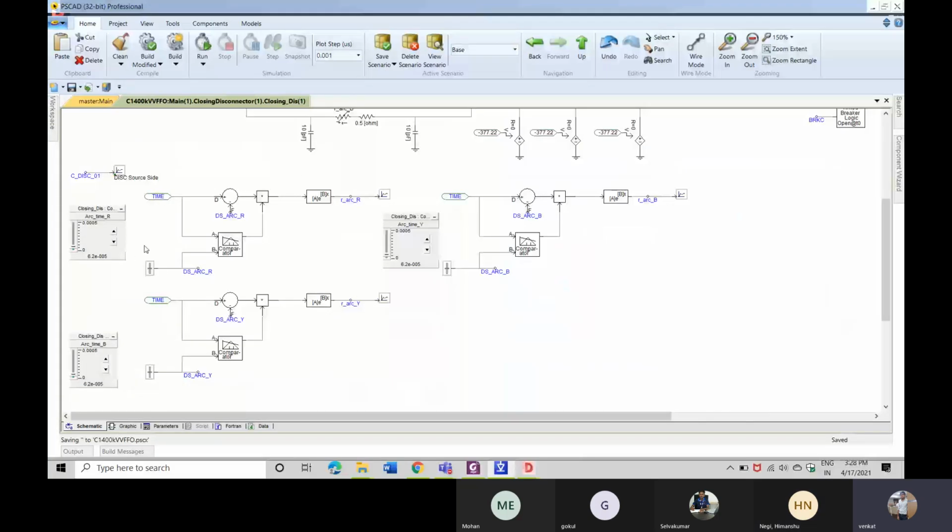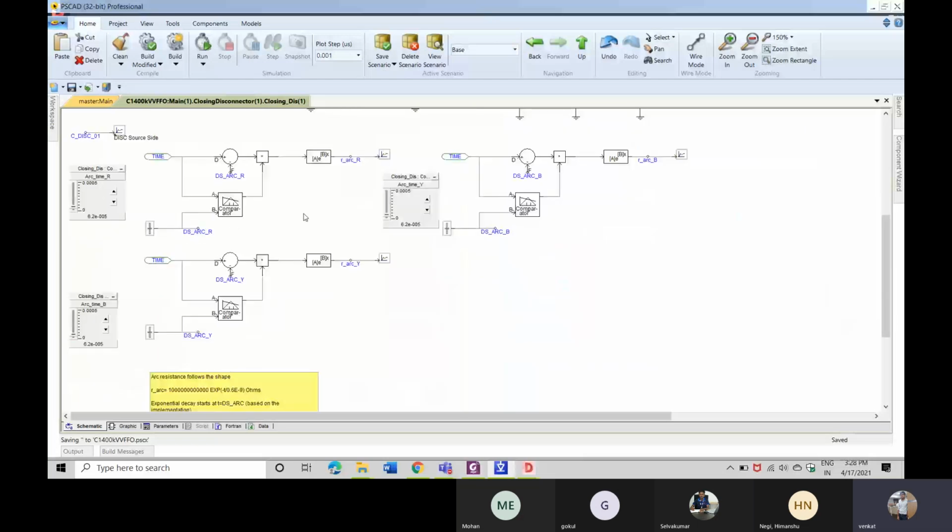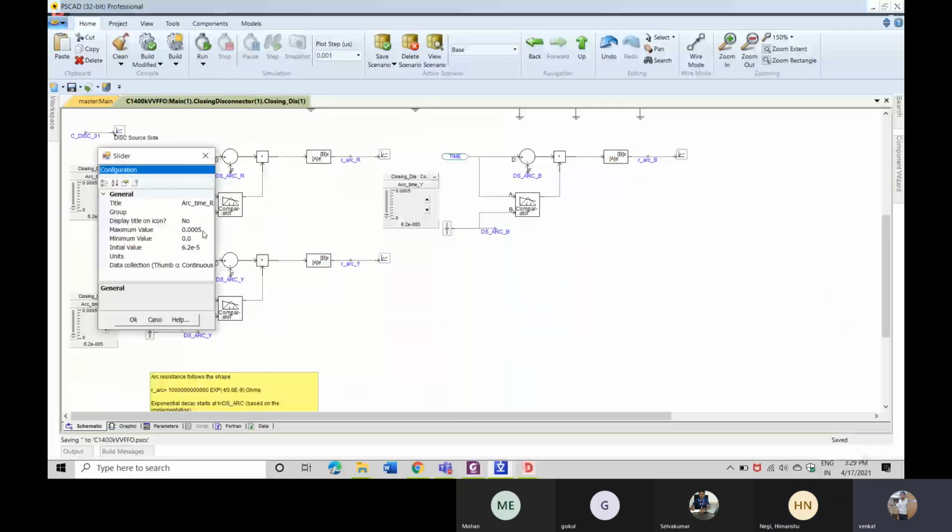Other than that, we are taking the input as DSR. Where does this DSR come from? From the sheet. This DSR is nothing but the time at which we are going to introduce this exponentially decaying component.